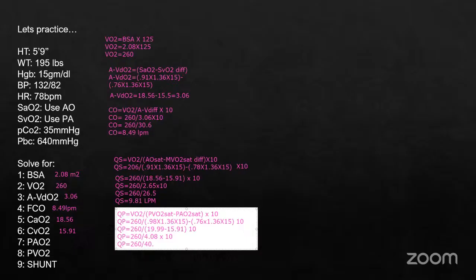And then my last result is going to be 260 divided by 40.8. So here my QP is going to equal 6.37. And what are my units? Liters per minute. I'm only working on cardiac output.